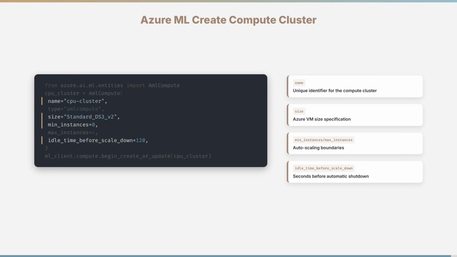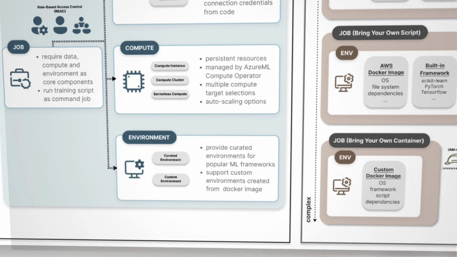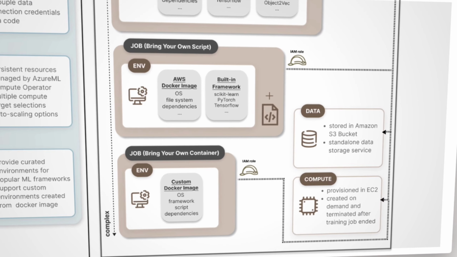Idle time before scale down: automatically shut down the compute cluster when idle to avoid incurring unnecessary costs, also optional. Once the compute resource is created, anyone in the shared workspace can use it by simply referencing its name in an ML job, making it easily accessible for team collaboration. Compute resources are managed by a standalone AWS service called EC2, Elastic Compute Cloud.